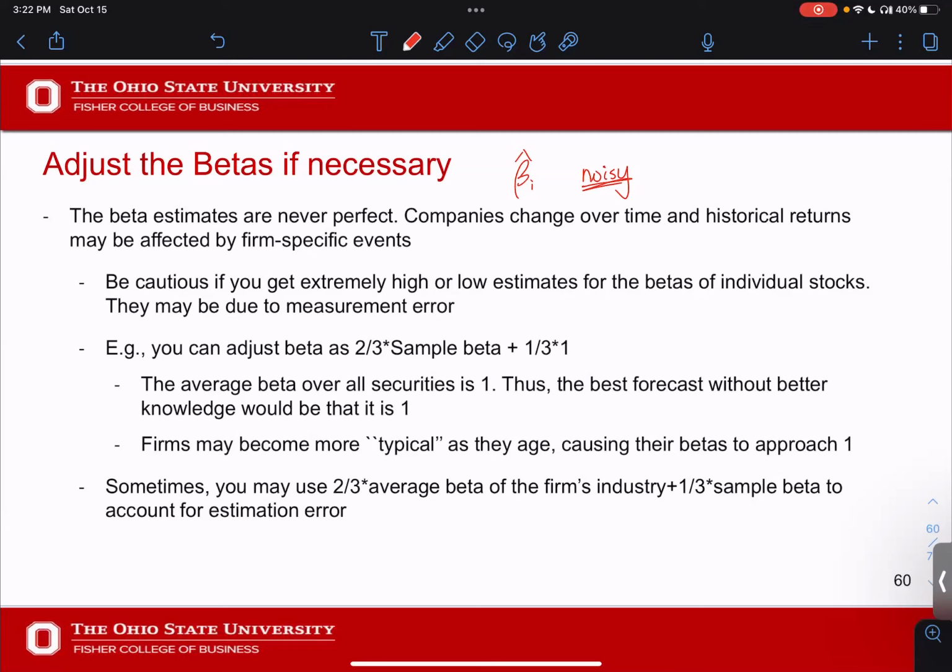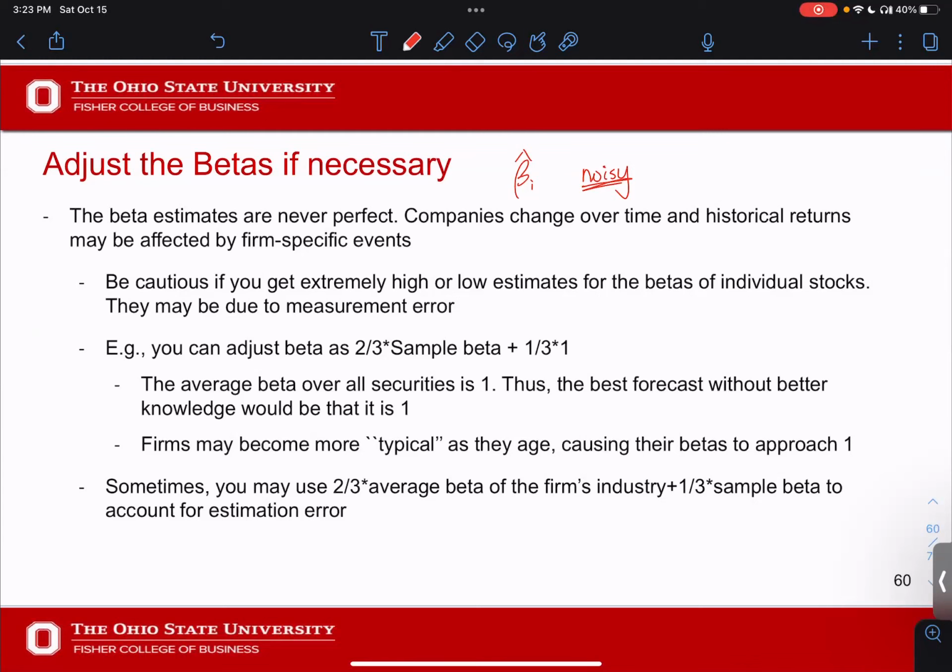For example, if you use the most recent 1 year to estimate beta versus the previous 2 years, your result might be very different. But it's very hard to argue that the firm changes its risk profile within such a short time. So in this case, the noisy data will lead to a very biased or inaccurate estimate of beta.